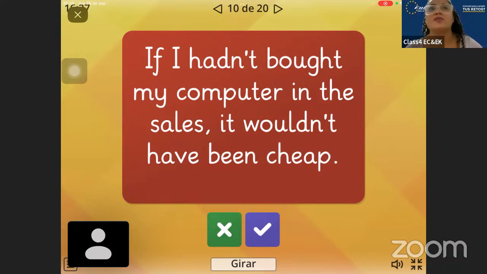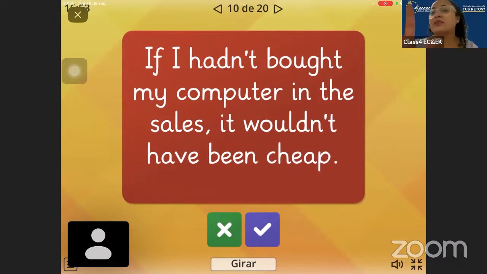Bueno, cheap es como, bueno, sí significa barato, pero tiene un significado más despectivo, como decimos nosotros, de no calidad, sin calidad, pues, ¿ok?